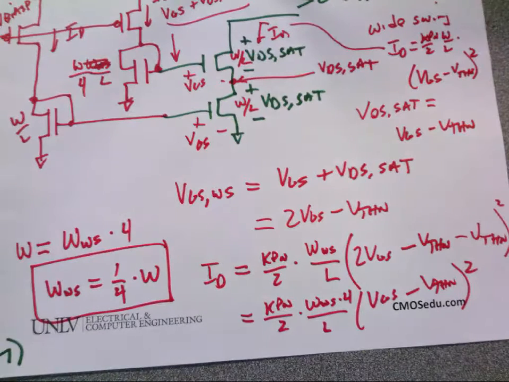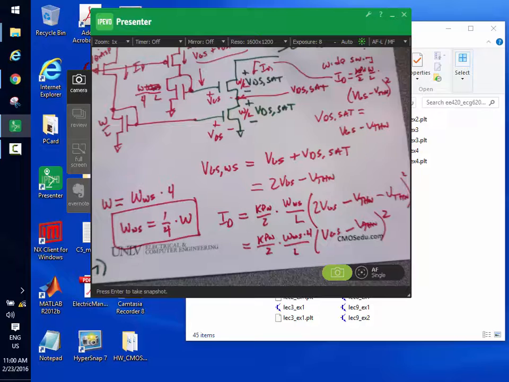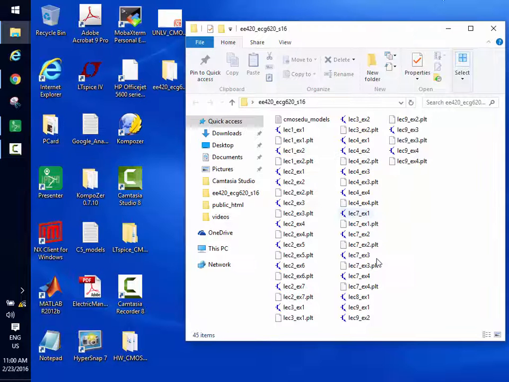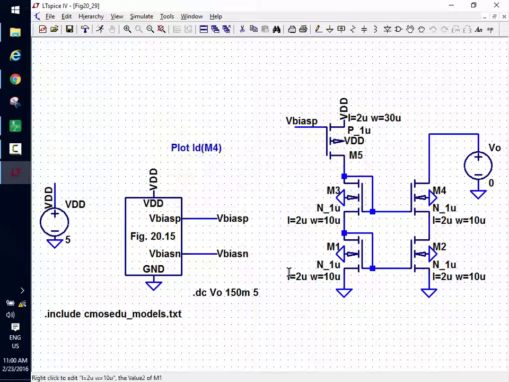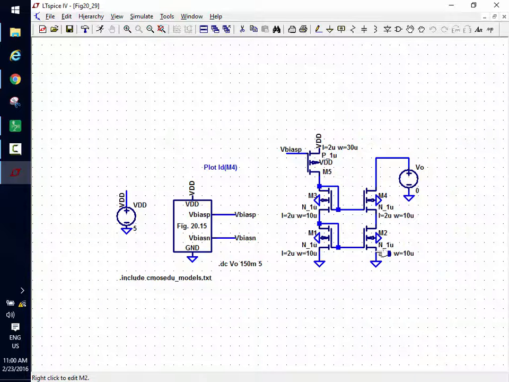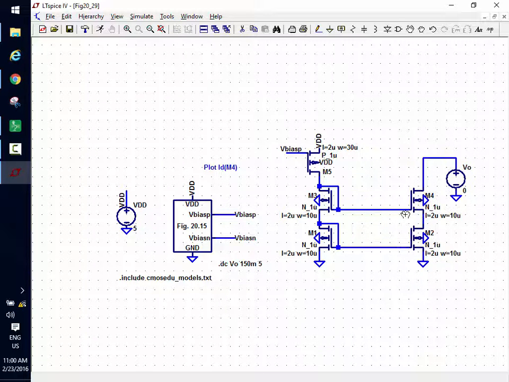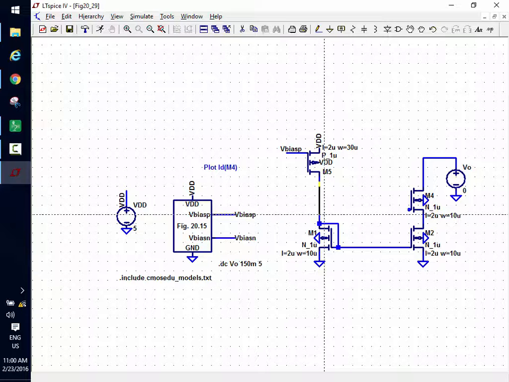So wait a sec. Let me go over here to the schematic. And what was the one we were just doing? Oh, this one, right? Let me ask a question. Let's go ahead and modify this schematic real quick. And then let's get the scissors out and make it exactly what we had. Coming down.